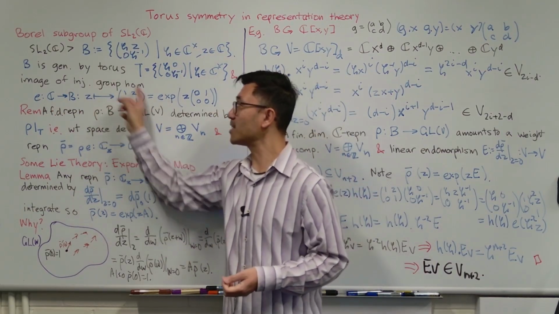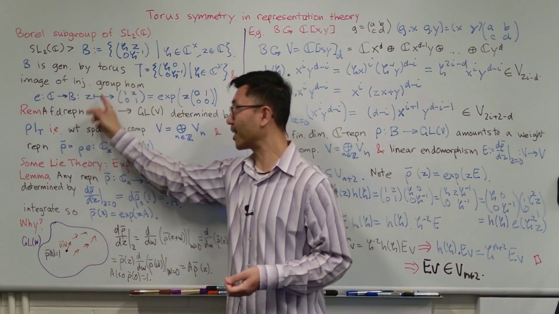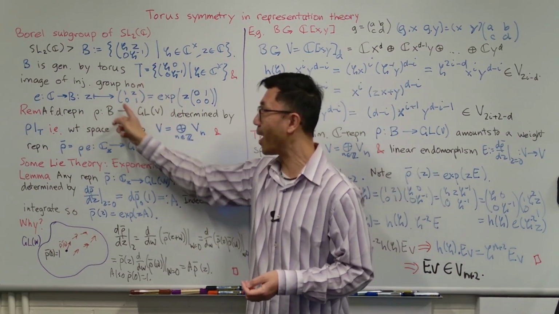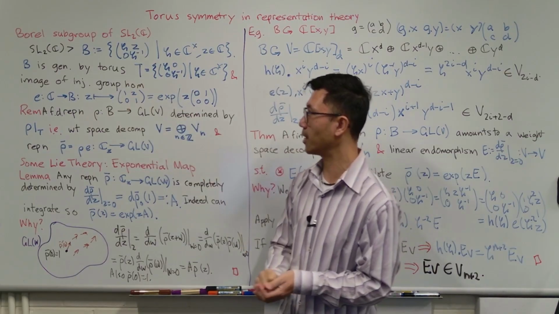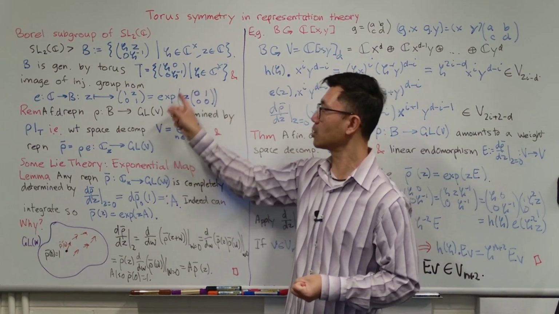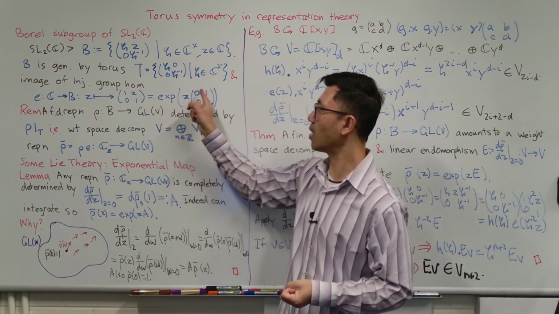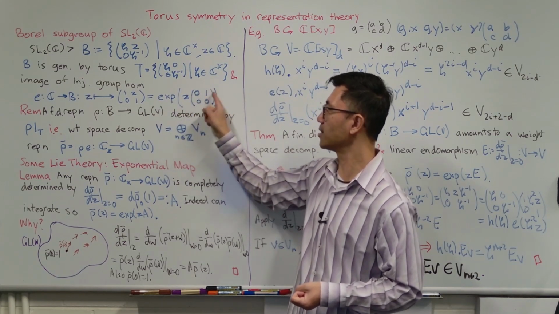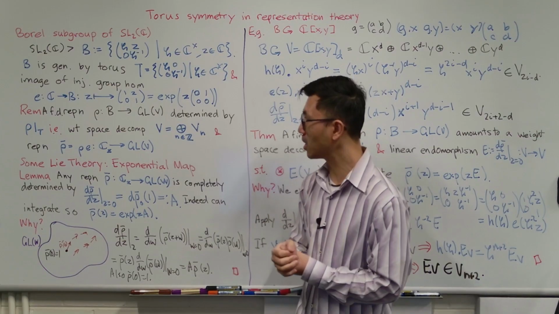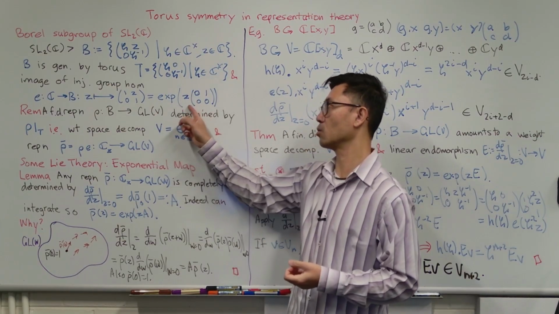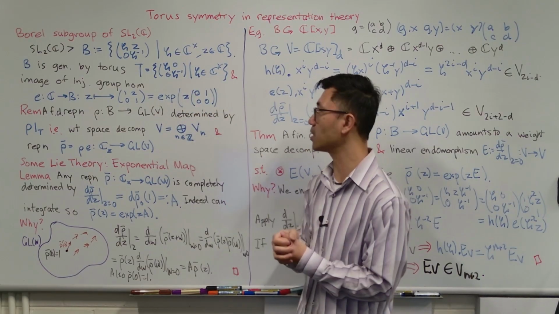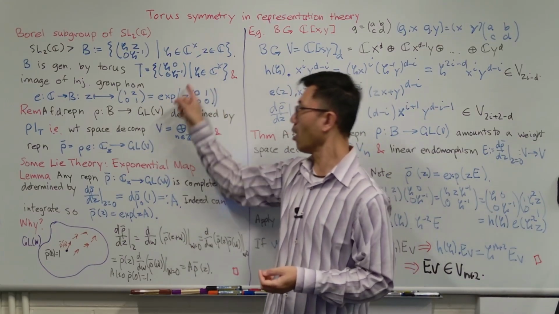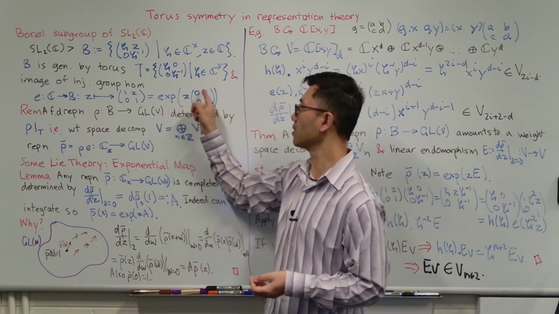One of the easiest ways to check that this is indeed a group homomorphism is to be rather clever about how we write this matrix. What we can do is look at the exponential of z times 0, 0, 1, 0. So inside here you'll have 0, z, 0, 0, and it's easy to exponentiate that. You can use the power series version. You'll have 1, and then you'll have one of these matrices, which is 0, z, 0, 0.